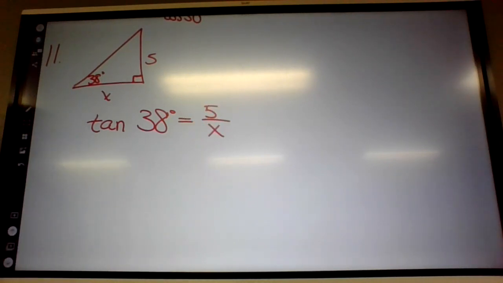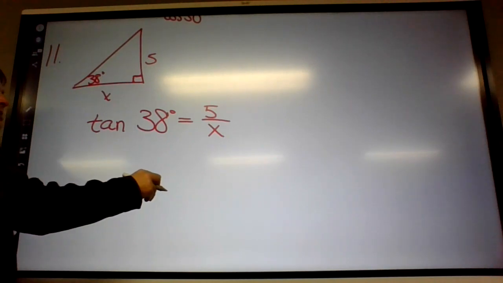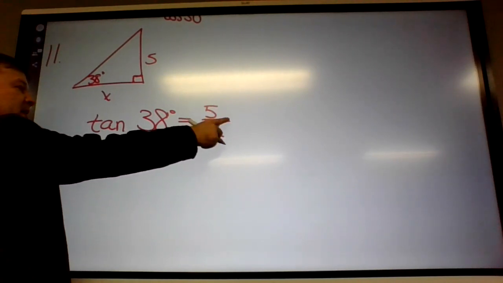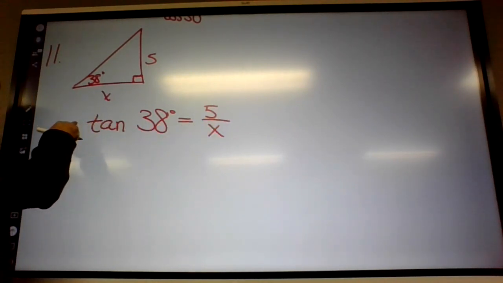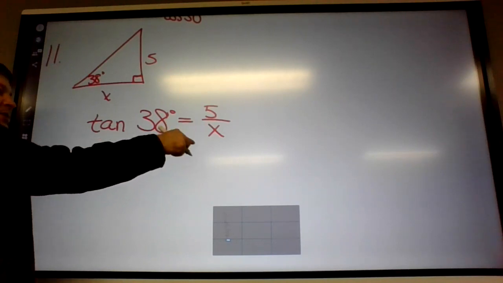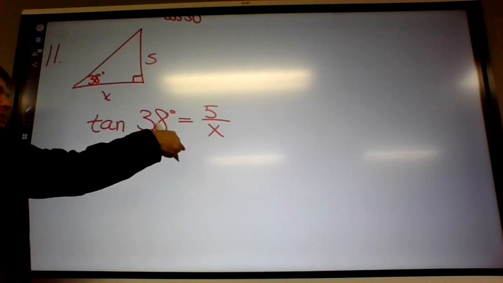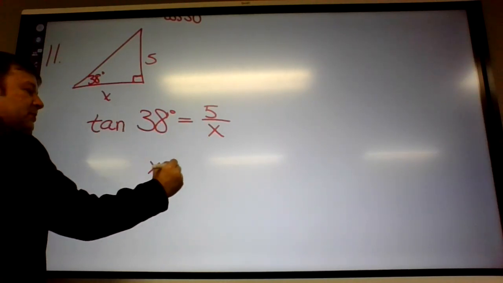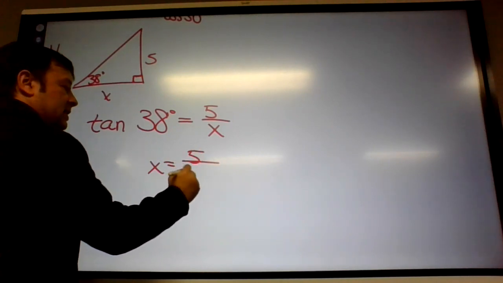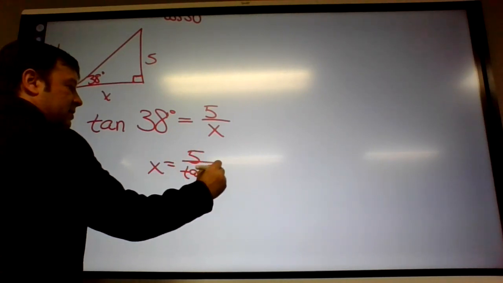Multiply by x over 5, so the x's cancel out. Did you not catch the pattern from last time? You multiply by x, that goes away, it comes up over here. Then you divide by tangent. So these two just switch places. So x equals 5 over tangent of 38.